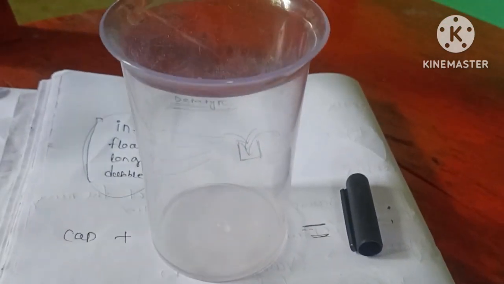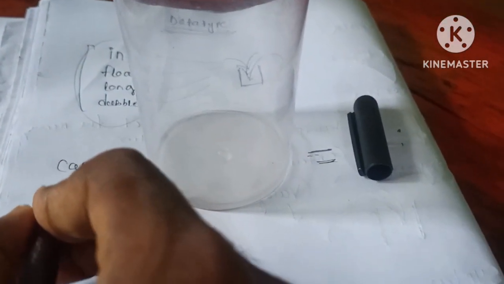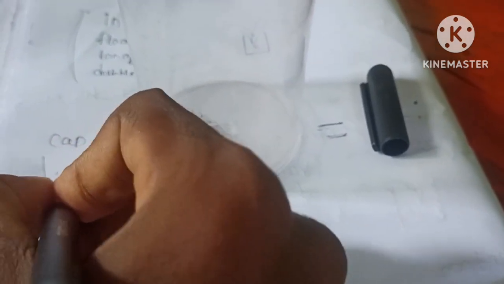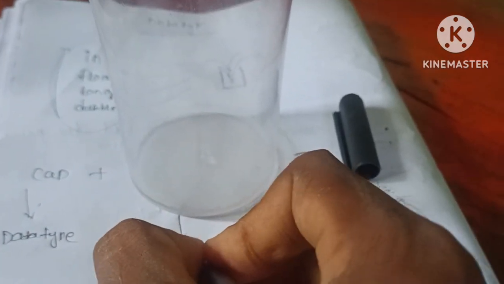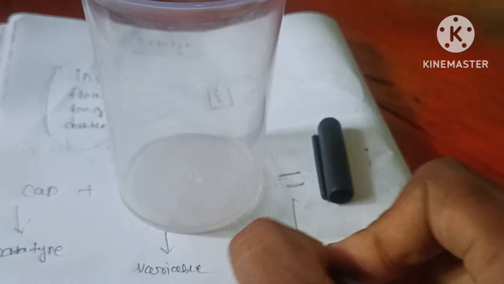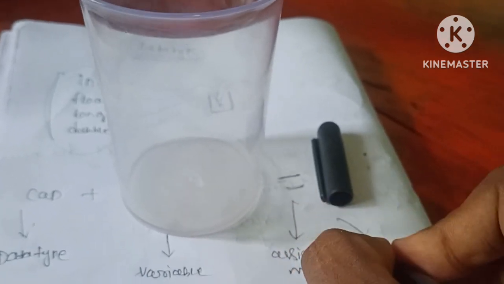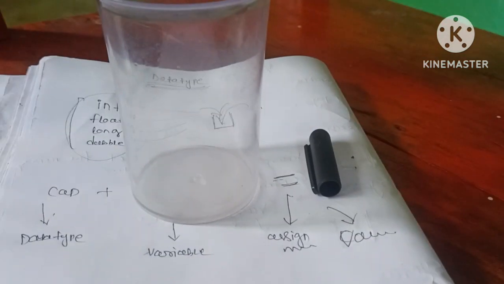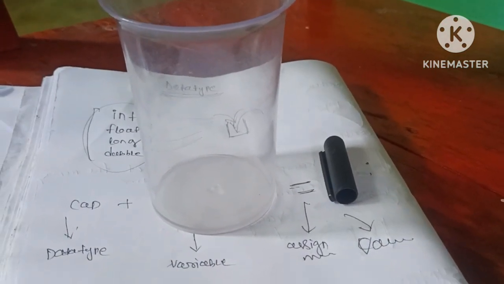Cap is our data type. This is our variable, this is the assignment symbol, this is our value. Okay, so this is the way we can declare a data type.